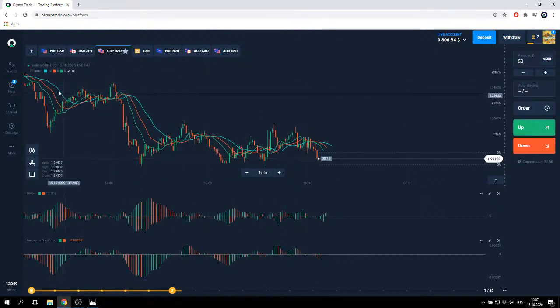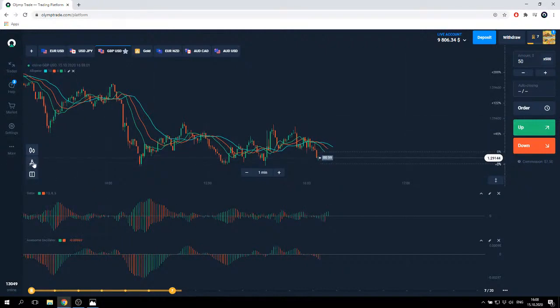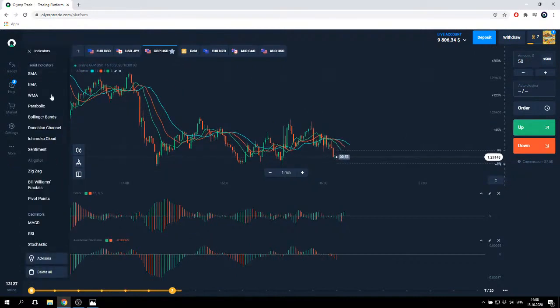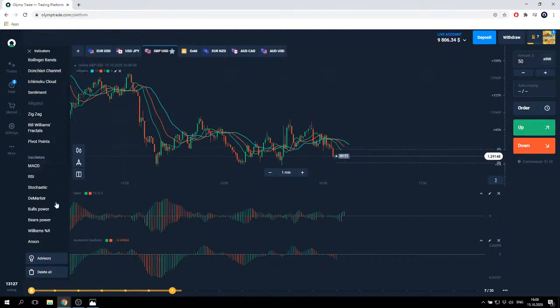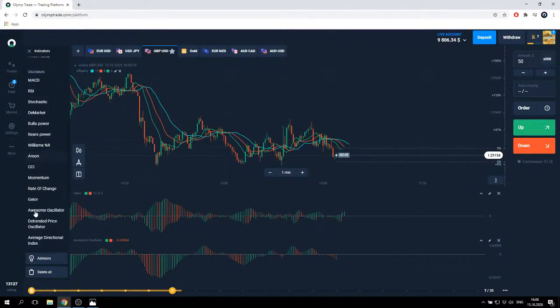We can see we generally have an alligator indicator with periods of 13, 8 and 5, and then we have a gator, the combination of the gator and the awesome oscillator. So for our beginners, they can do pretty much this same setting by going to the indicator options. There we have the alligator, the gator indicator, and the awesome oscillator.